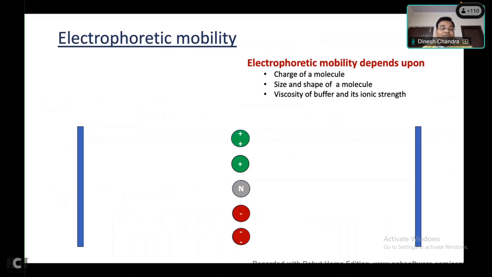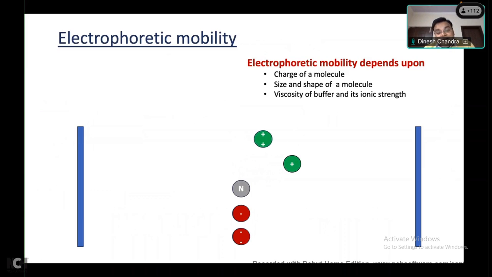The second factor which governs the mobility of these analytes is electrophoretic mobility. It depends mainly upon the charge of the molecule, which is directly proportional, and inversely proportional to the size and shape of the molecules and the viscosity of the buffer. Suppose here there are neutral, positive and negative charged molecules. How do they move?